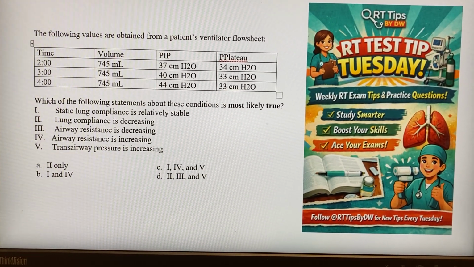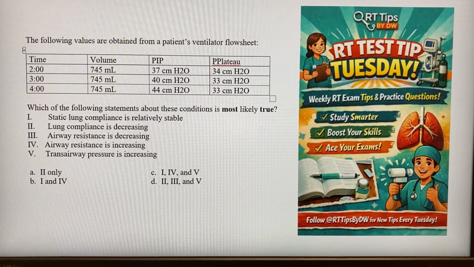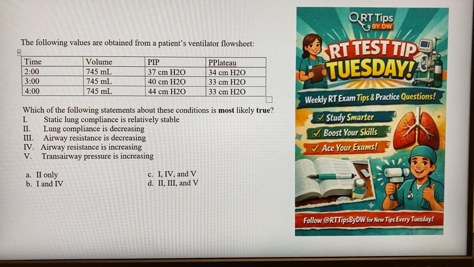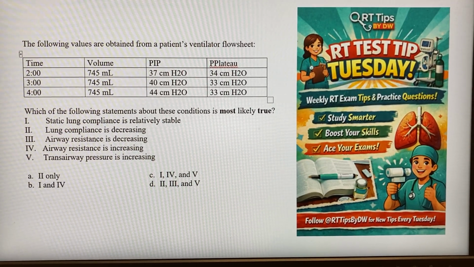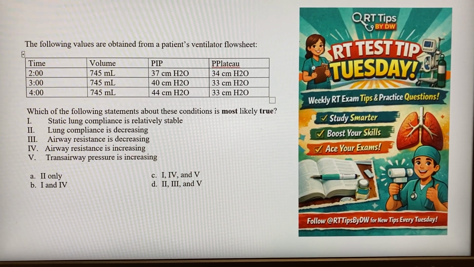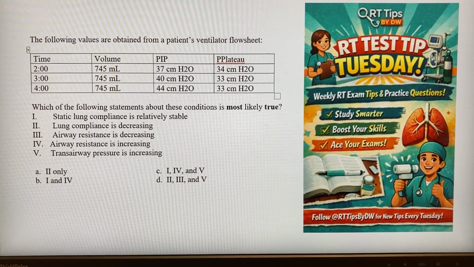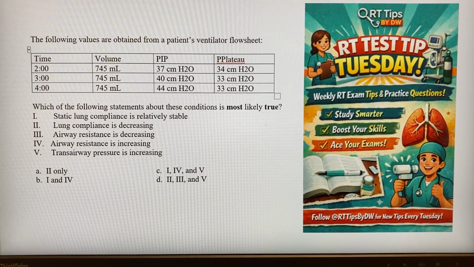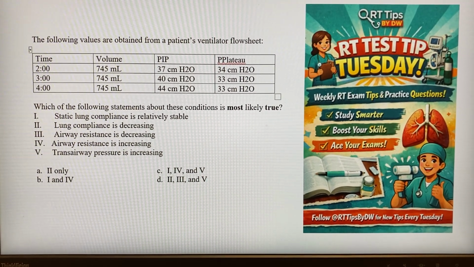It would be nice to know what the overall positive end expiratory pressure, or PEEP, setting is for these individuals to be able to calculate that. When you look at static compliance, assuming that there's not any significant ventilator changes, and if you remember the formula for static compliance, you can probably deduce that your static compliance is pretty much unchanged, or for the most part relatively stable.